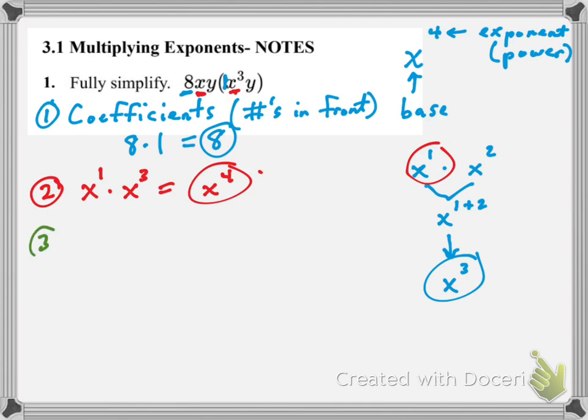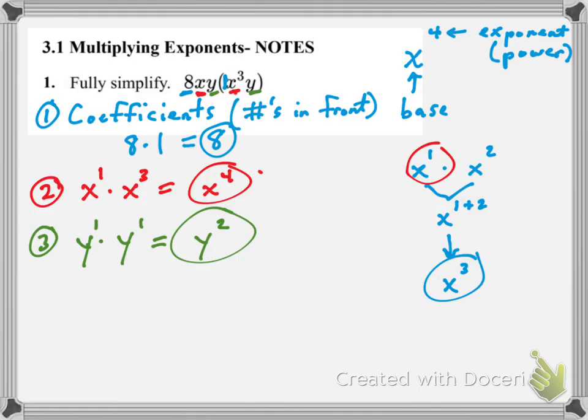Now, let's look at the y's. Okay, I have y times y. Well, no exponent, right? So both have a 1. So 1 plus 1 is 2. Notice how I didn't mix the x's and the y's together. Keep the x's together, keep the y's together.